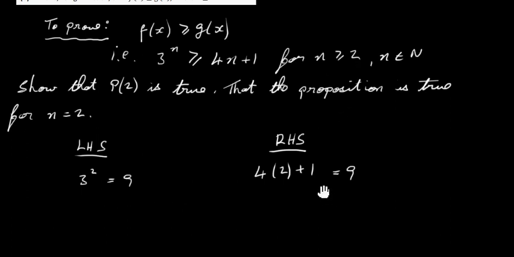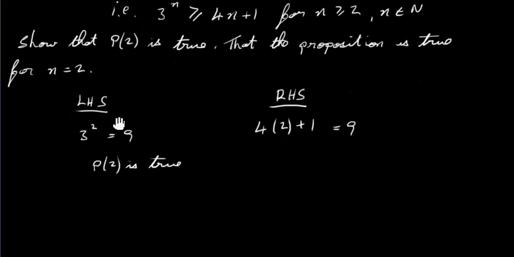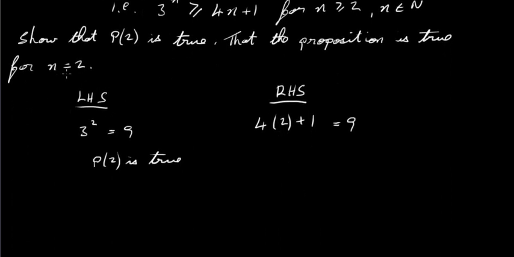Well, it's actually equal to it, so it is true. So P2 is true, and that's the first step, to show that it's true for the first natural number that we're talking about in the question, which is 2.